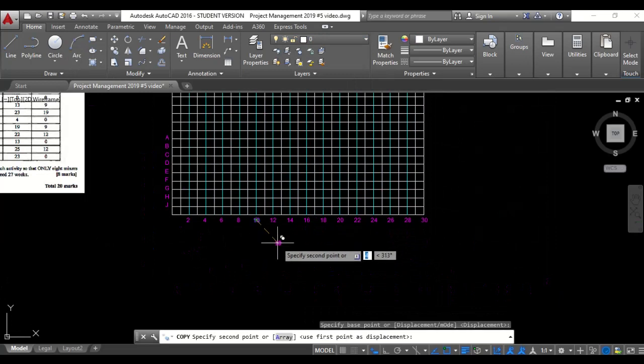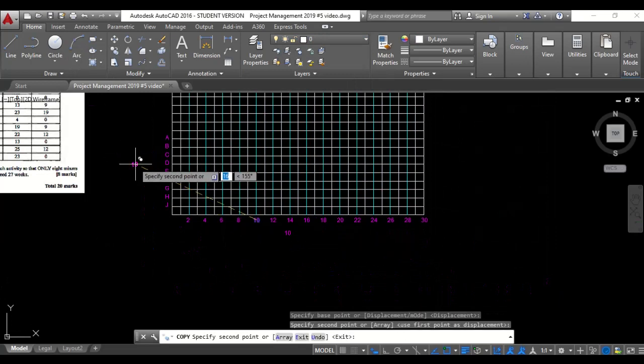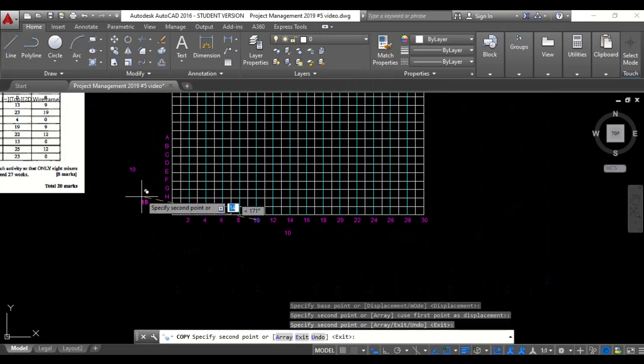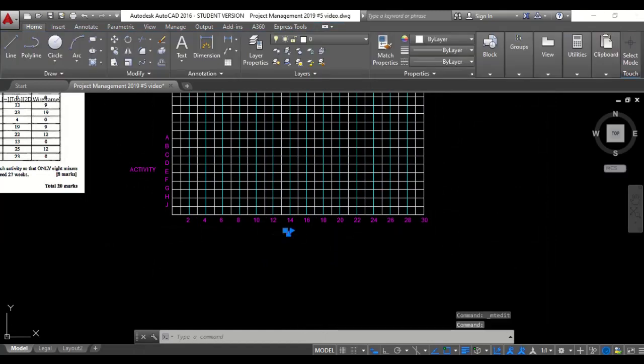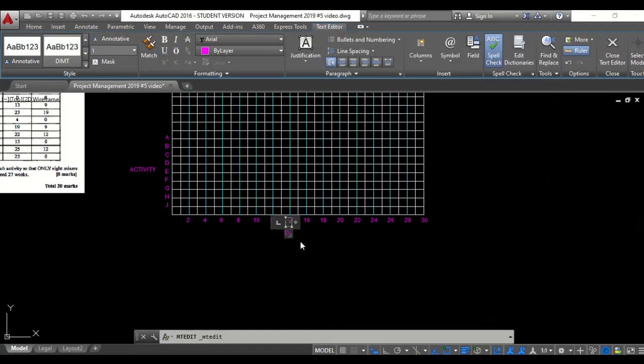So on the y-axis here, what is represented is the activity, and on the x-axis here, representing duration, and it's in weeks.